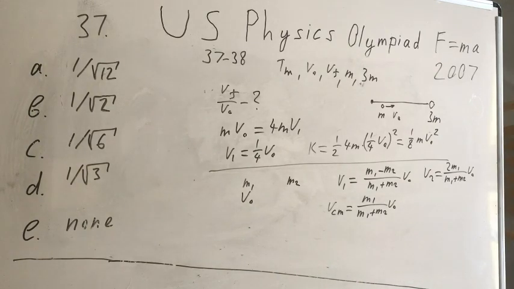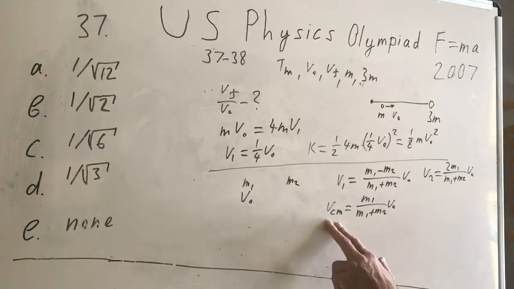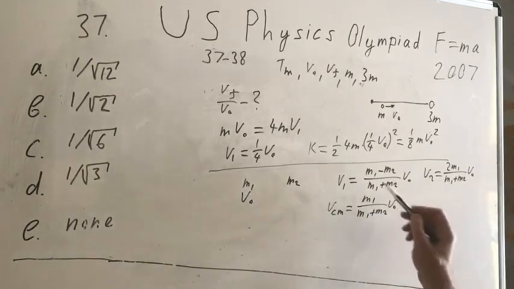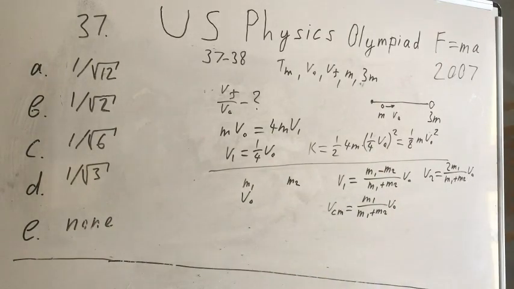And when we are going back to our initial frame of reference, we just need to add to this new velocity the velocity of the center of mass, which is the same. So we have v2 equal to 2 m1 over m1 plus m2 v0.